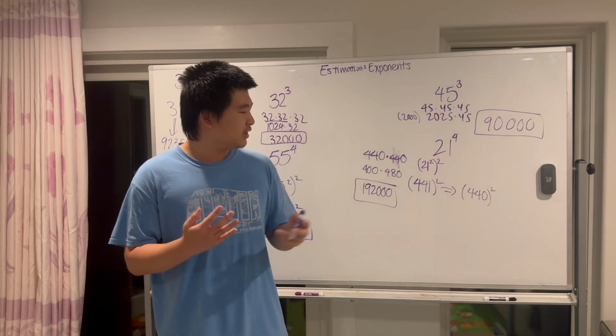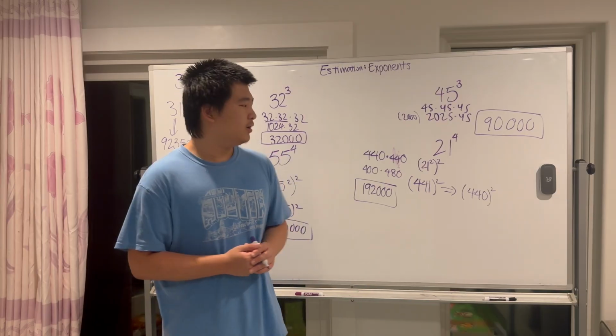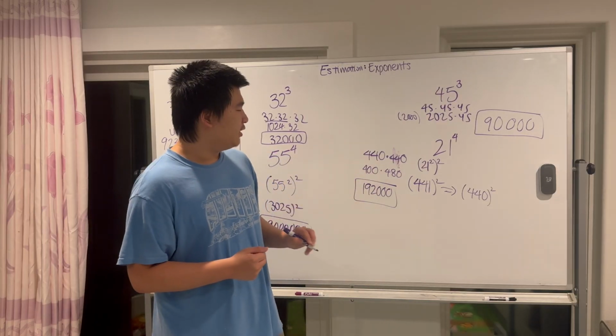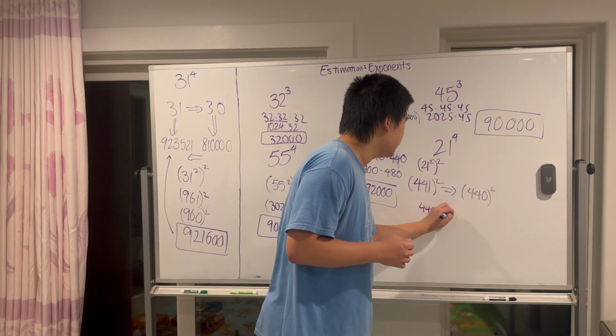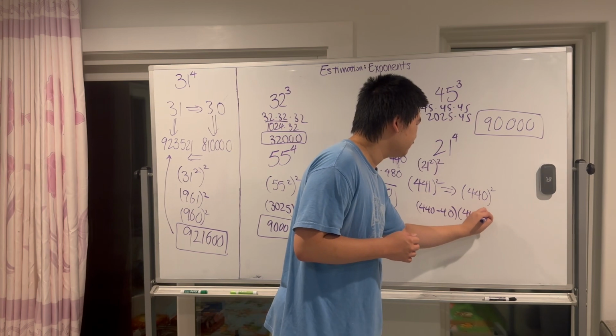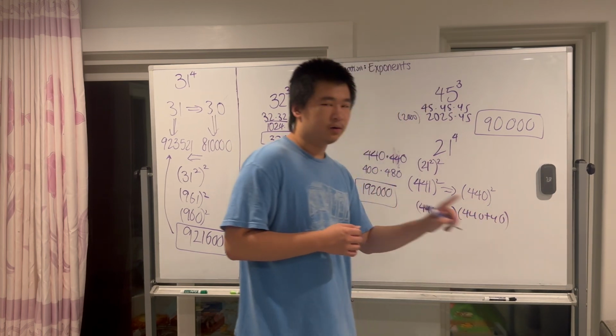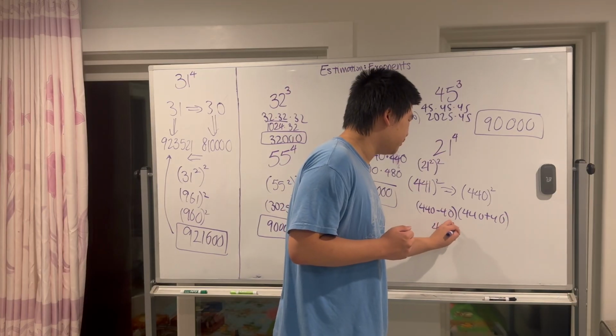And now if you're curious as to why I'm able to do this, what we're essentially doing is invoking the difference of squares. 400 times 480, that's going to be 440 minus 40 times 440 plus 40, right? And now this, according to difference of squares, is going to evaluate to 440 squared minus 40 squared.